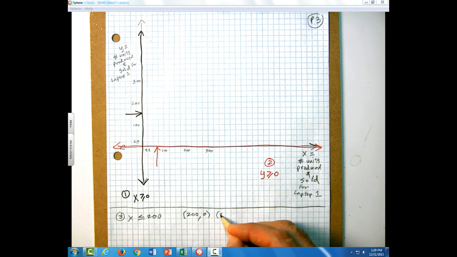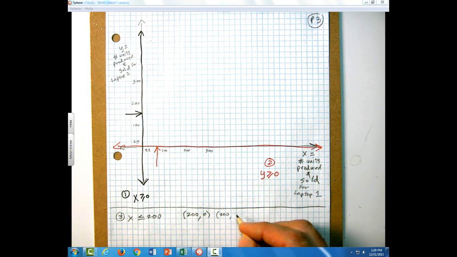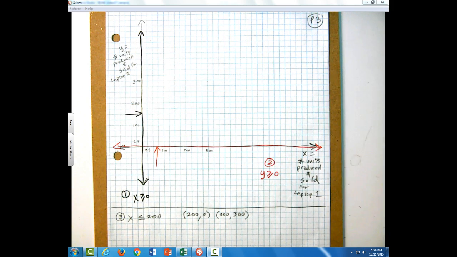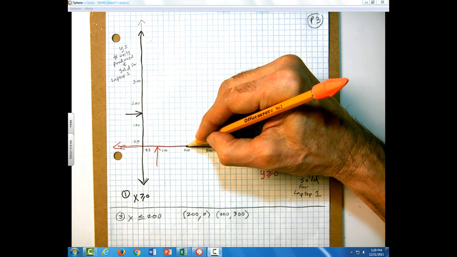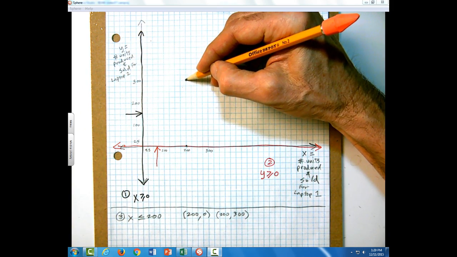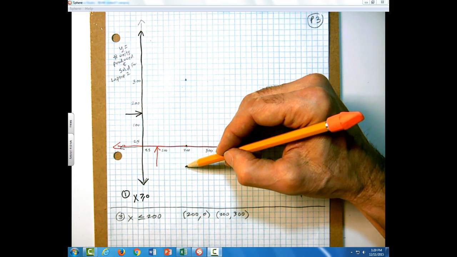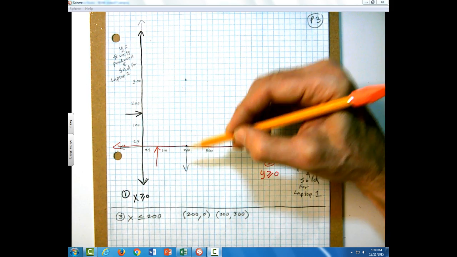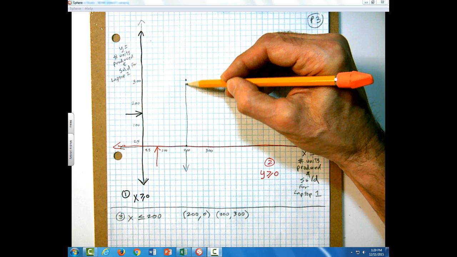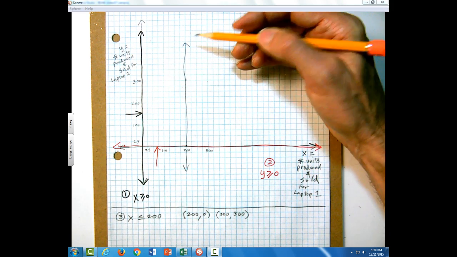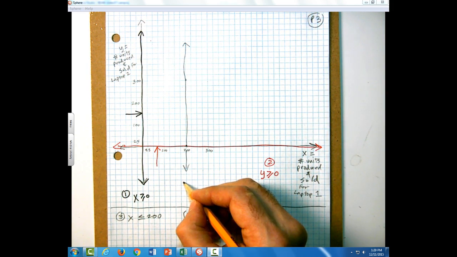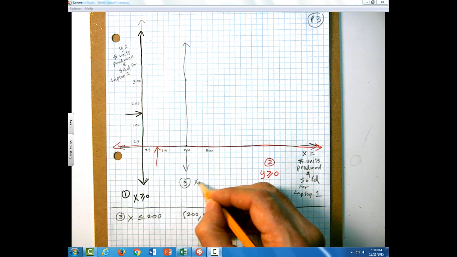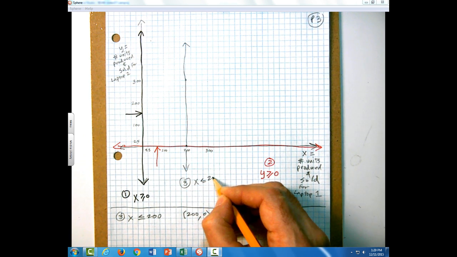And I'm going to choose, hey, x again is 200, and say a y value of 300. So it would be a point right there and a point right there. And so our inequality will look something like this. And I'm going to put 3: x has to be less than or equal to 200.